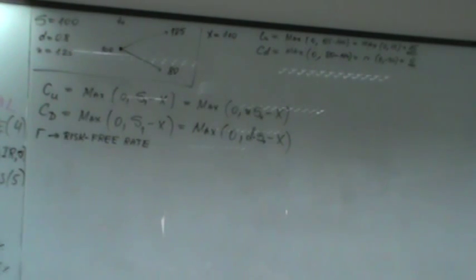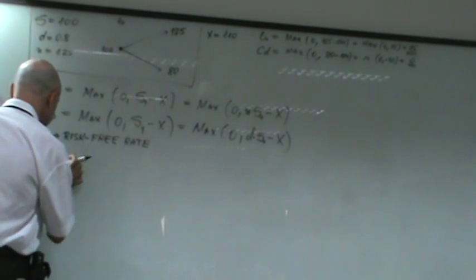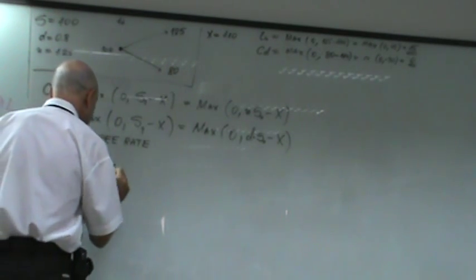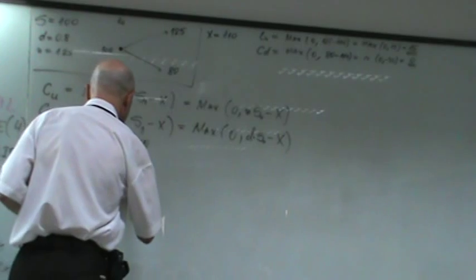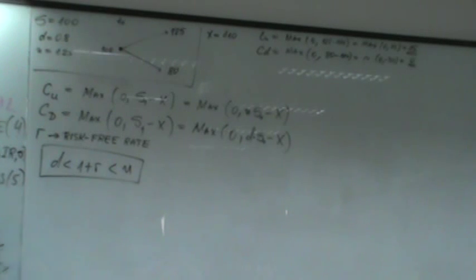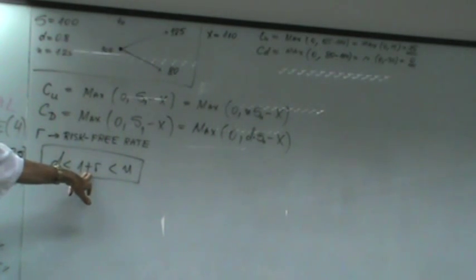Now comes a tricky condition: D is less than 1 plus R, and it's got to be less than U. So D, the return on the downside, has to be less than the risk-free return.